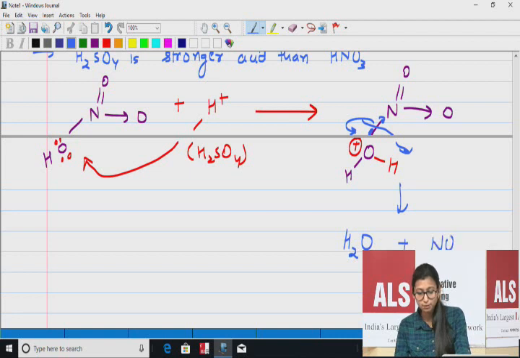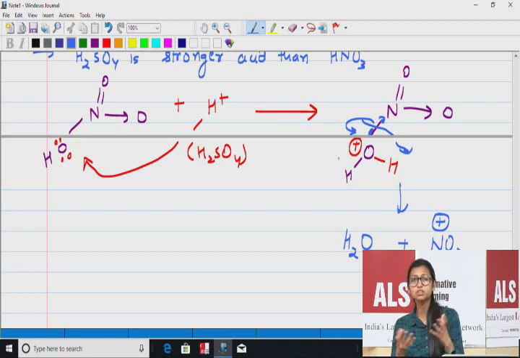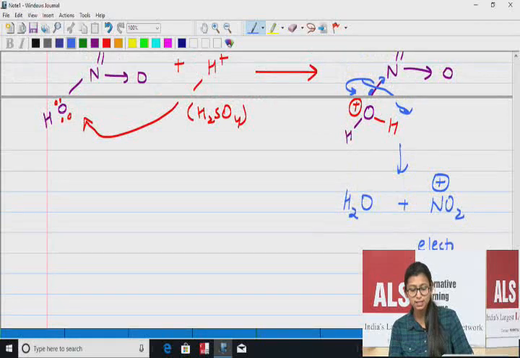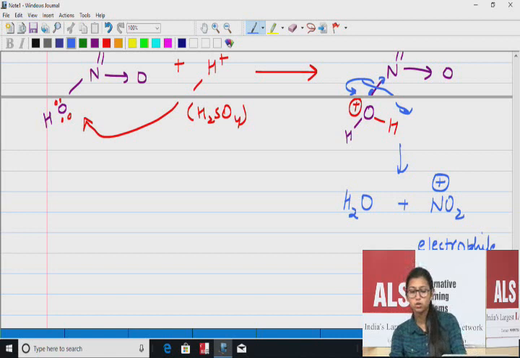At the same time, it will be NO2 plus. Okay, because oxygen was already having the positive, now it will take the negative charge, it will get neutralized, right? So we get the NO2 plus. Everyone understand that we are getting NO2 plus as the electrophile. How are we getting it? NO2 plus as the electrophile, you got it?